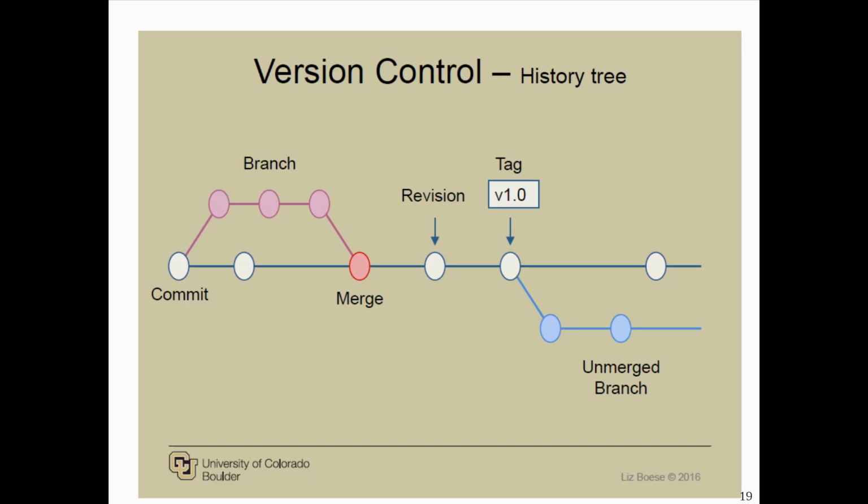And again, just any random commit is a revision. So all of these are revisions along the master branch, the ones on the blue line. But then we can tag it as version 1.0, and that's actually going to be our release version. And then again, with the blue, you can see that they branched off another branch.